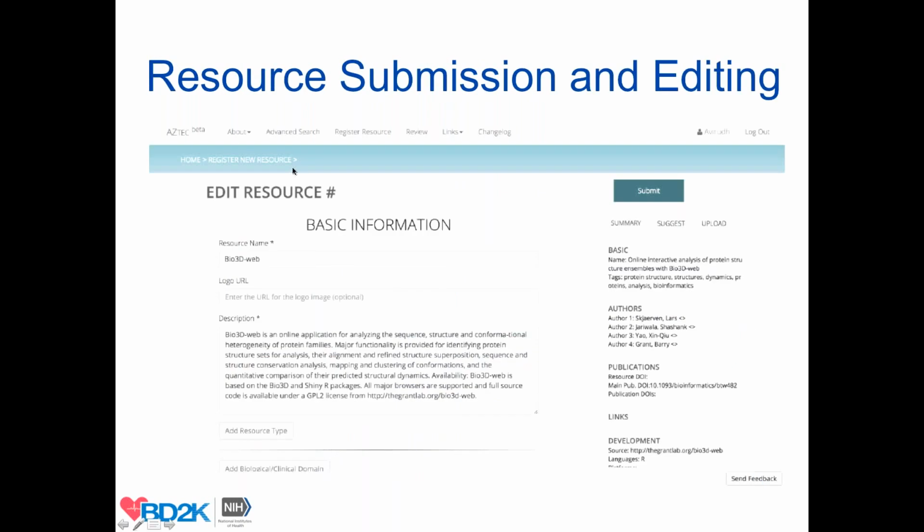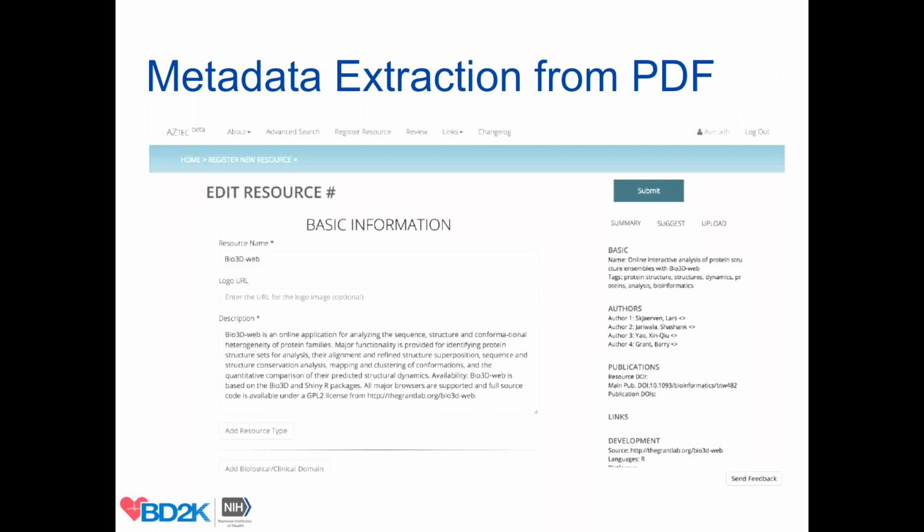This page is about the resource submission and editing. Users can submit their own resource and just fill out all the information here. The resource name, the description, and some tags you want to add. And we also can do the metadata extraction from PDF.